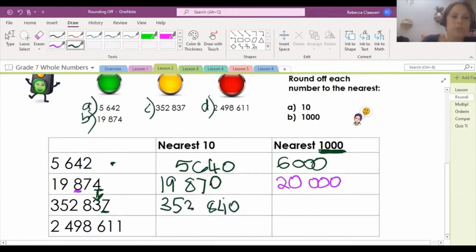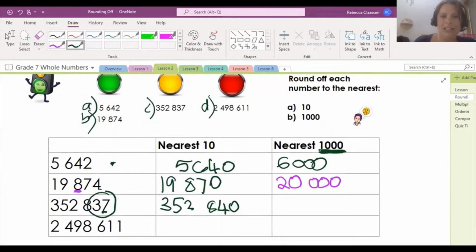Because when we're rounding off to the nearest 10, we have to look at our units column. So we look at the one that's before the 10, and that tells us, is that closer to 40 or closer to 30? Okay, Jaden, I hope that makes a little bit more sense. So 37 is closer to 40, and so we round it off to 840.